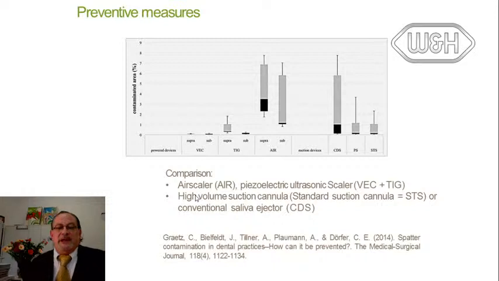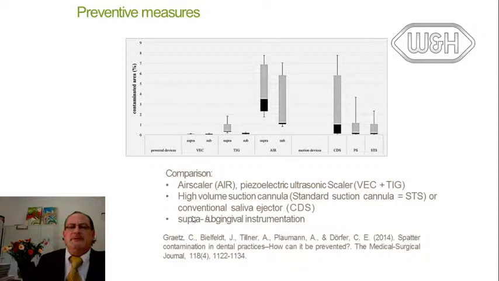In comparison, here we have the high volume suction with a standard suction cannula, or the conventional saliva ejector that is mostly used by the prophylactic assistants or the dental hygienists. And there was a comparison between supra and subgingival instrumentation.